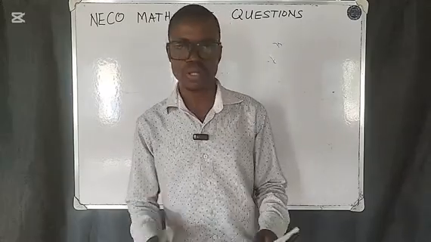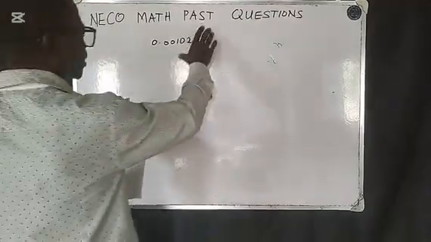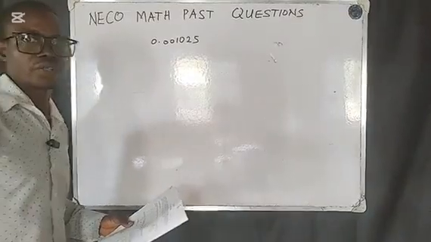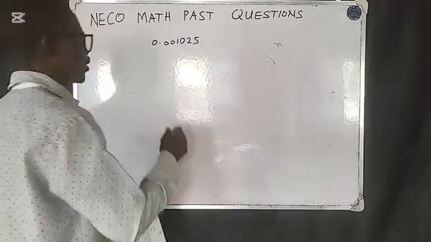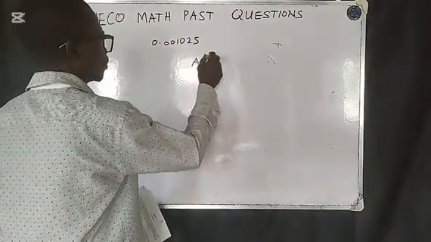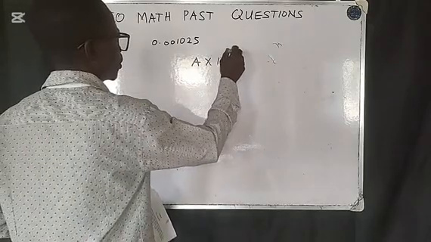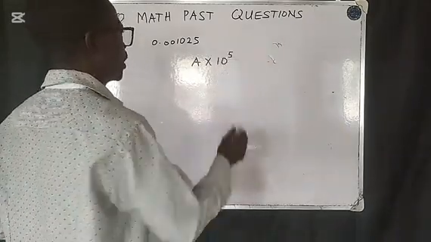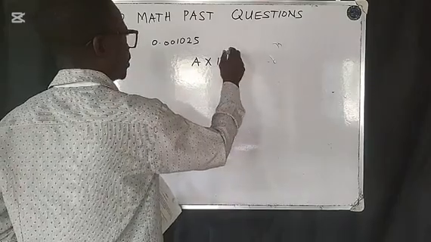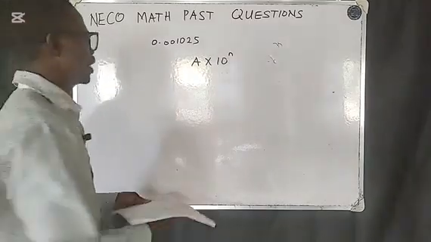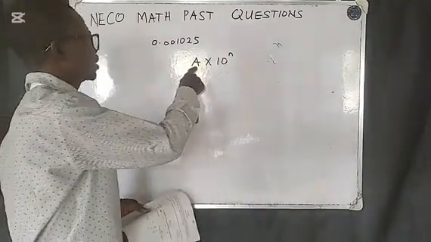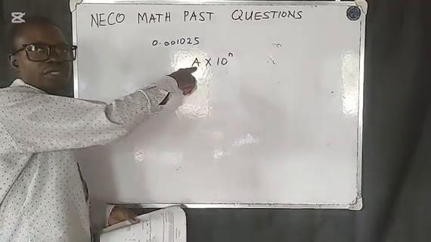Let's go together. Number 1: we have to express this number in standard form. A number in standard form is written in this form. The A stands for the first digit of the number, the first non-zero digit.